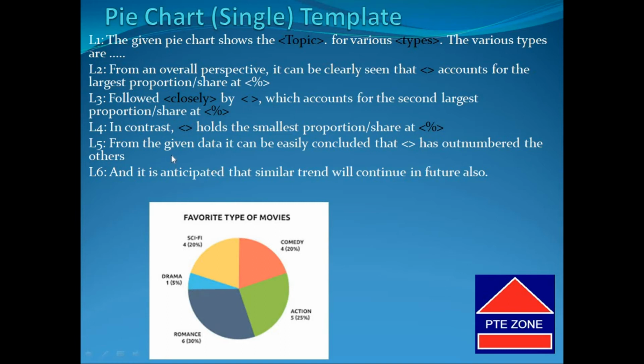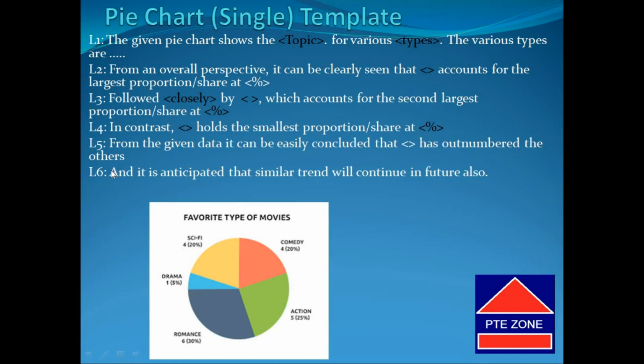Now the thing is, when you have already reached 30 seconds and you think you will not be able to speak the complete thing, you can just conclude at this point itself. If I would have seen that my time is about to complete, I would just finish by saying from the given data it can be easily concluded that romance has outnumbered all the other genres.